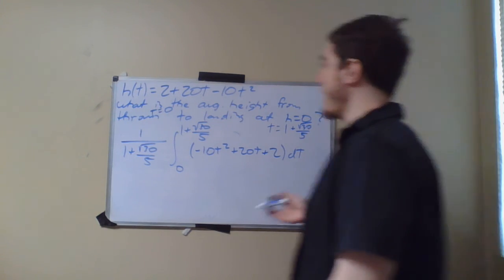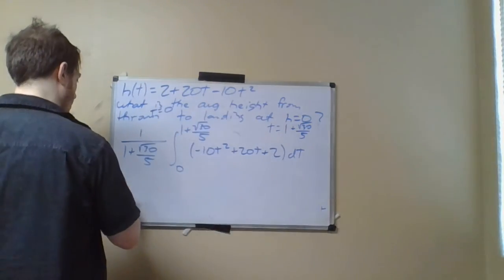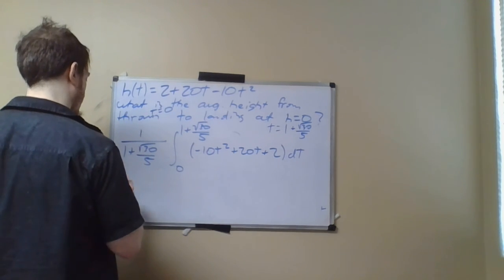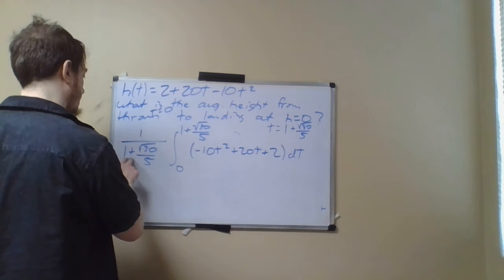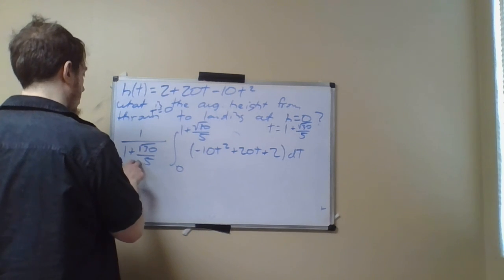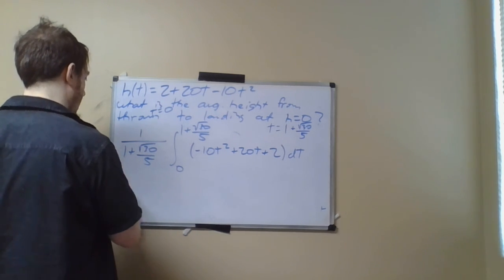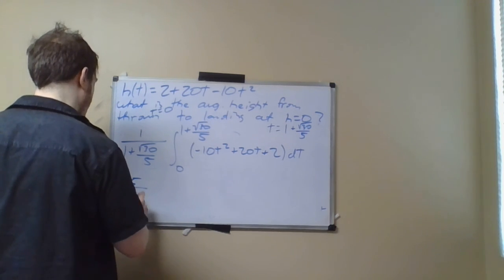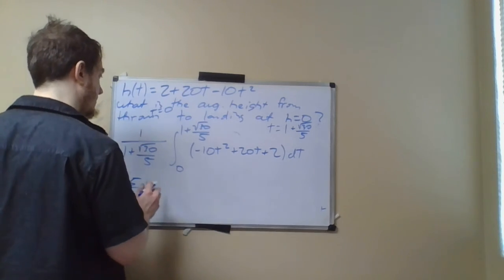Well, we can now figure out what this is going to be. It's going to be whatever this comes out to be. How much can we simplify this? So we can say this is the same as 5 plus square root 30 over 5. And so this is the same as 5 over 5 plus square root 30.